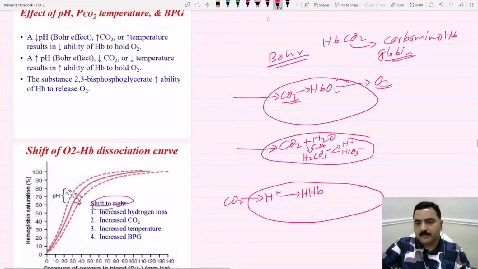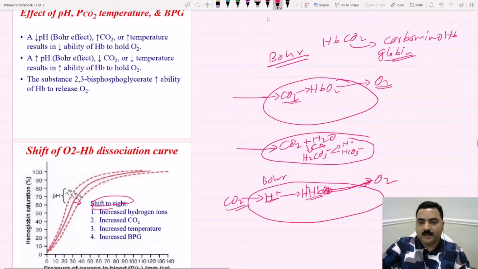The H plus is binding to the hemoglobin, forming HHb, which will cause the oxygen to be released. The hemoglobin was with the oxygen before, and this oxygen will be released out to the tissues. So this is another influence of the Bohr effect. Where do we get the hydrogen from? From the carbon dioxide.